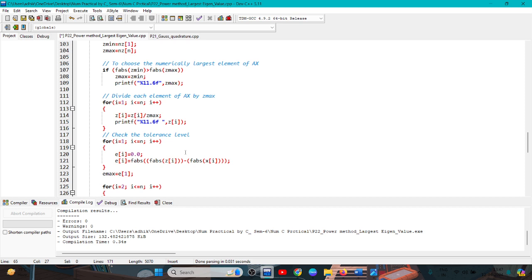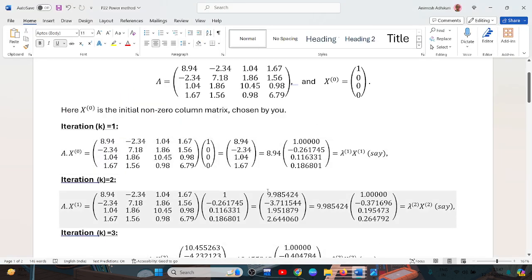Now we check whether the iteration goes on. Here e1 equal to 0 is the initial e variable, and e1 equals the absolute value of zi minus the absolute value of xi. The absolute value of xi is from the previous step and zi is from the present stage. So we compare the previous step, x0, this 1, with the present stage, and the corresponding elements. We check this.